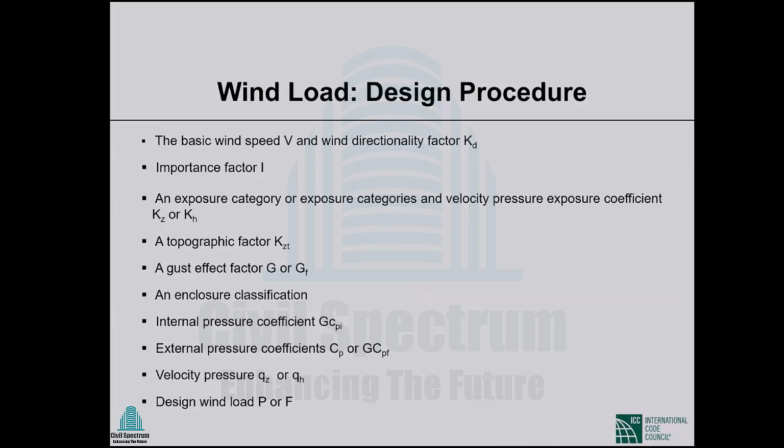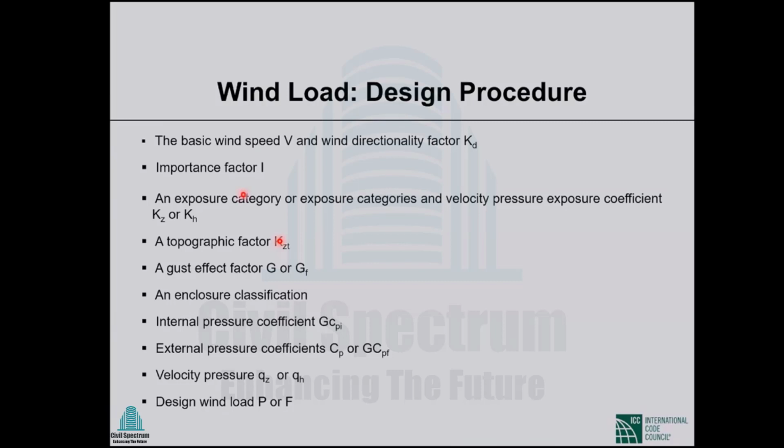So these are the steps: the basic wind speed and wind directionality factor. You have to first determine these, then the importance factor, which depends on occupancy, and exposure category. It was there in the previous code, but it was much simpler. Now, first you have to identify surface roughness in different directions, and from surface roughness, you have to understand the exposure category.